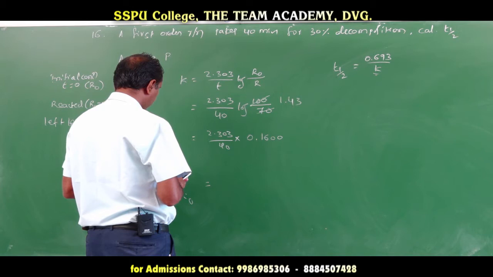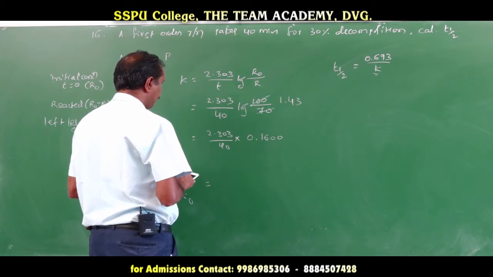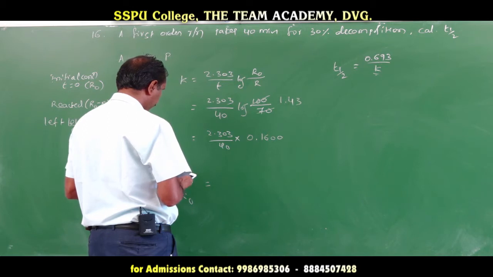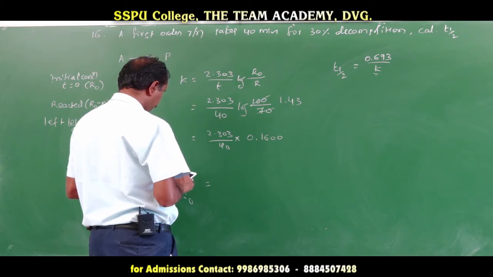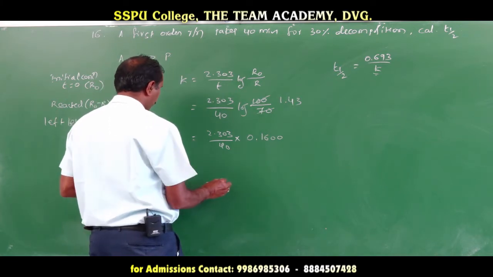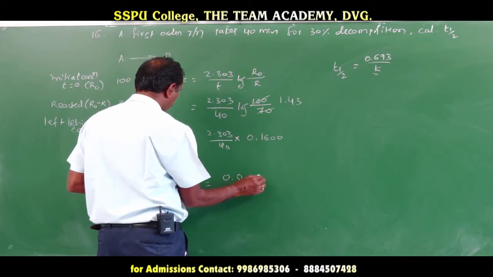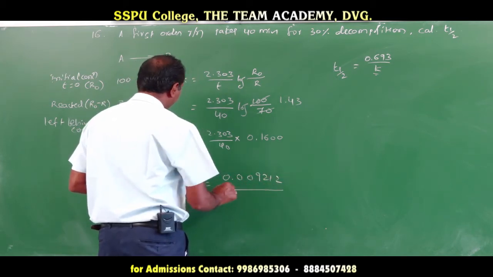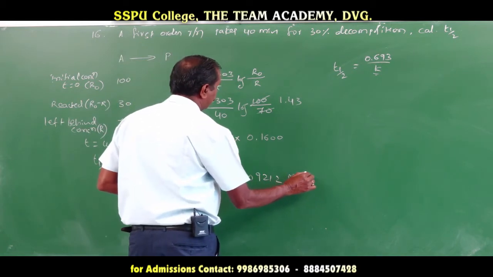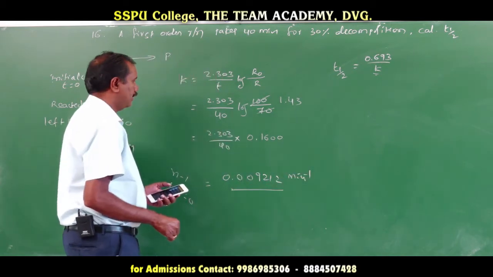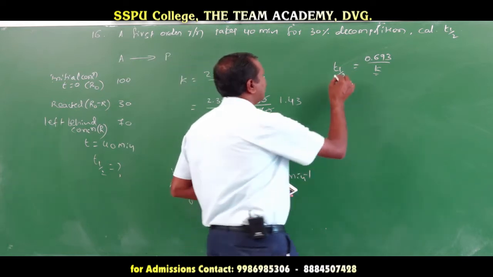So 2.303 into 0.16 divided by 40. That value is 0.009212. It should be in terms of per minute. Then by knowing that K, we can calculate T half.